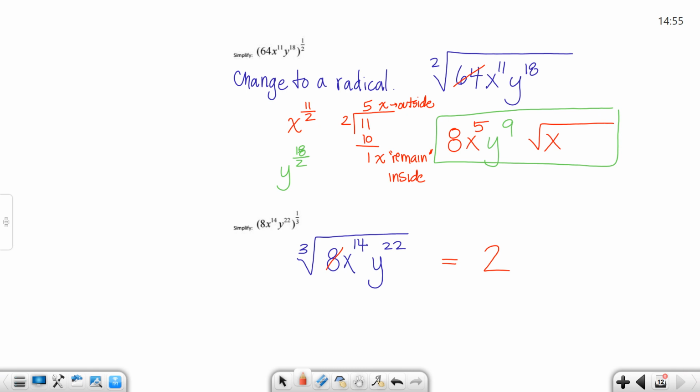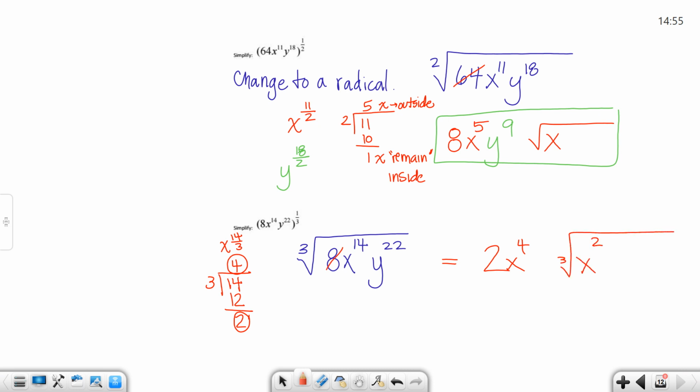Okay, and then we have to get to the 14. Well, that would be x to the 14 over 3. Well, dividing that out, 3 goes into 14 4 times, which would give me 12, and 2 left over. So that means I'm going to have 4 x's outside and 2 x's left underneath.